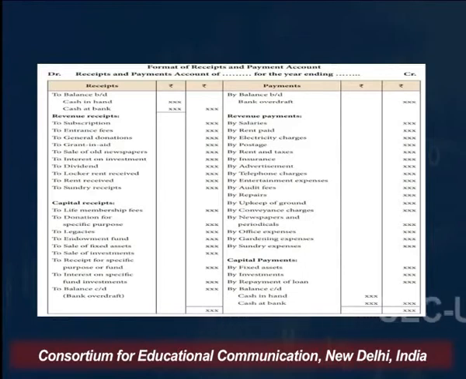Then sale of old newspaper as a regular item is recorded. The next item would be interest on investment. Whenever a not-for-profit organization invests in any security or financial instrument, the interest received is always taken as a recurring receipt, and is going to be debited on the receipt side under the receipts of recurring nature.